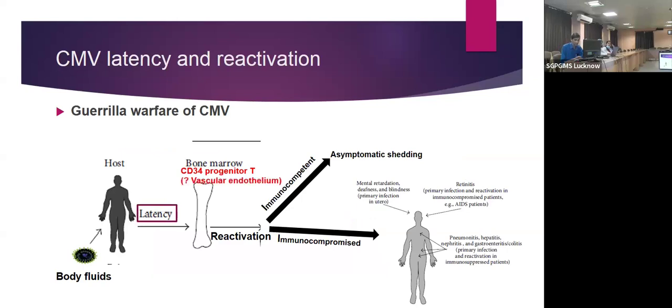There is also some evidence that vascular endothelium stores these viruses. But if reactivation happens by any chance, then in the immunocompetent it is asymptomatic and automatically goes back into the inactive mode, or latency is induced. But in the immunocompromised, a lot of problems happen, as you can see.